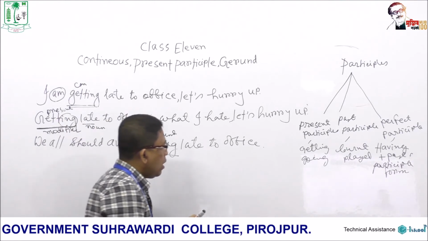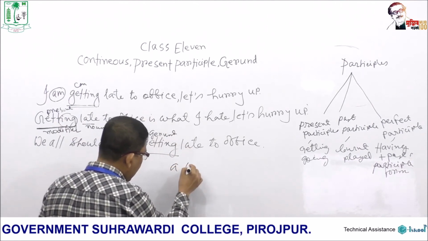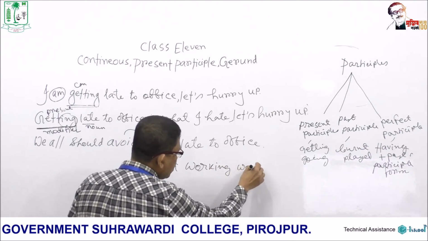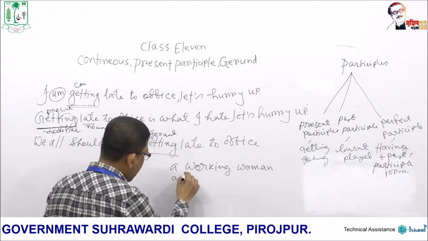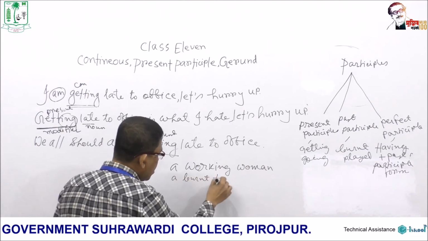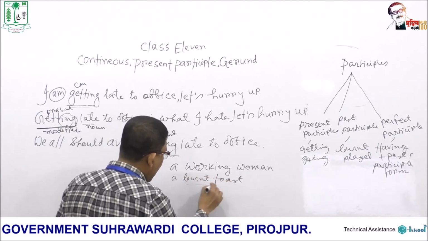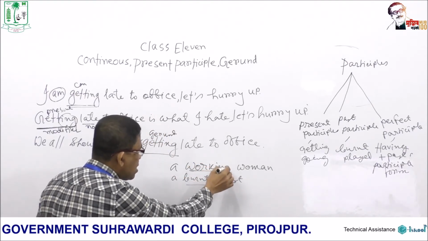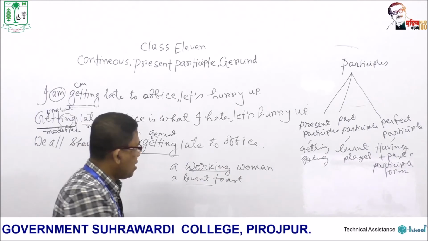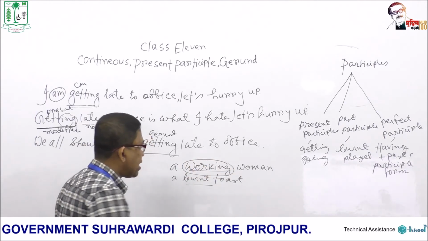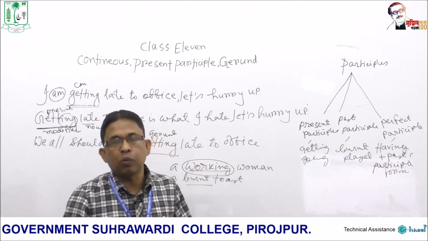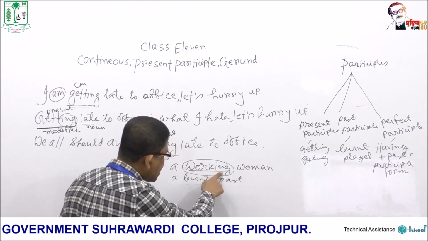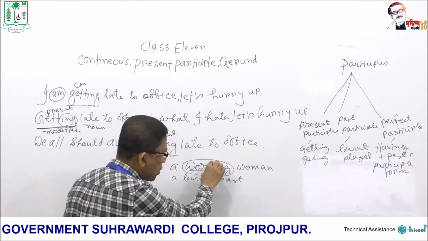For example, a working woman or a burnt toast. Here, a working woman, this is not continuous or gerund, but this working is a participle form of verbs, because working has taken ing, so it is a present participle.